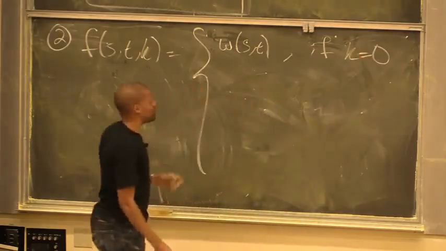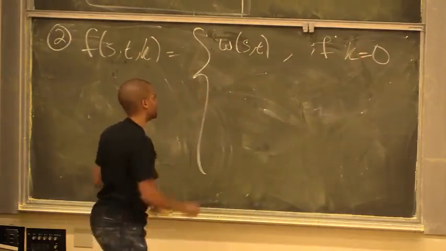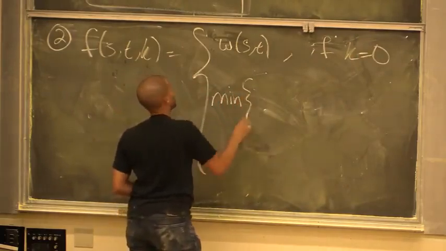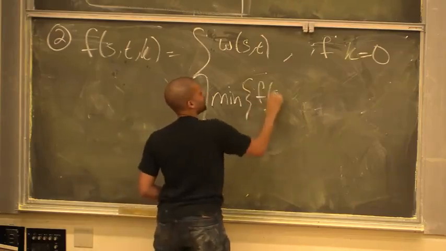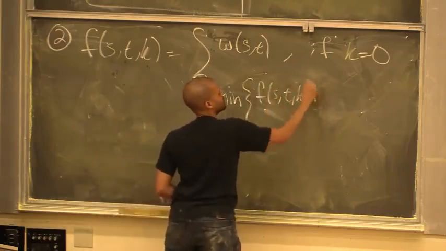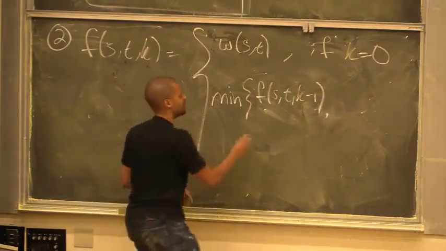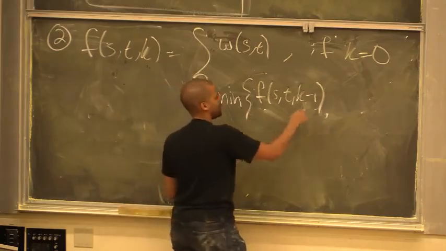Otherwise, I can either choose to use k or not use k. If I don't use k, I have f of stk minus 1. So I'm allowed to use things between 1 and k minus 1. And if I do use k, then I have to go to k and then from k to t.